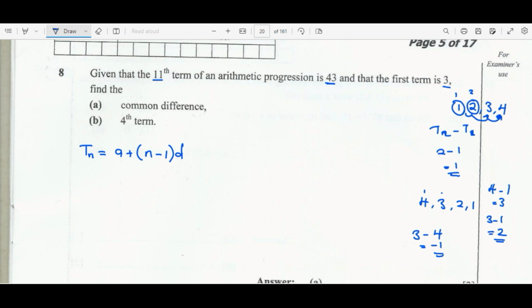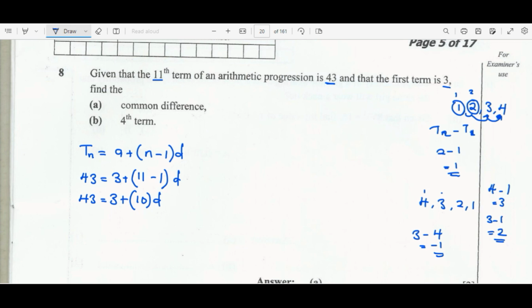So we can work out to say the nth term, which is 43, is equal to 3 plus open bracket 11 minus 1 close bracket d. Now when you look at the equation here, we can work out what is in the brackets. So 43 is equal to 3 plus, when you do 11 minus 1, it will give us 10, and then we have a d there.